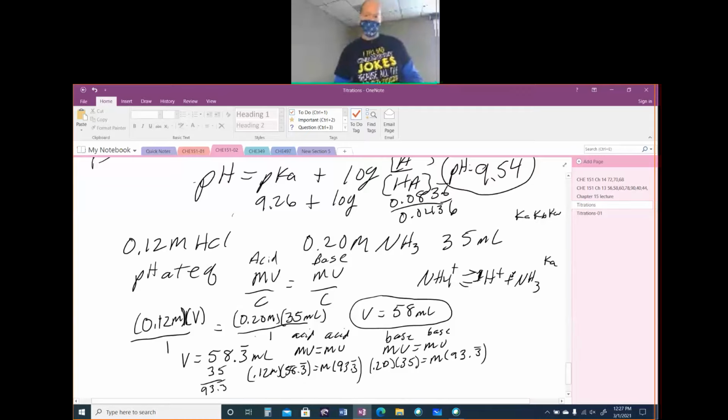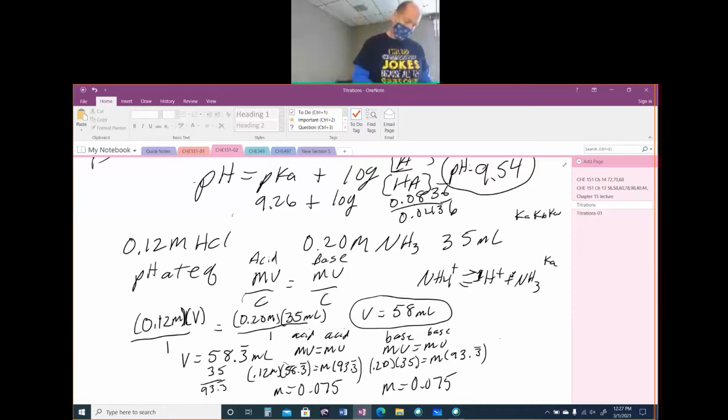All right, 0.075. When you take your 0.2 times your 35 and divide by your 93.3 repeating, you get 0.075. So they are exactly the same, which is the requirement for the equivalence point.